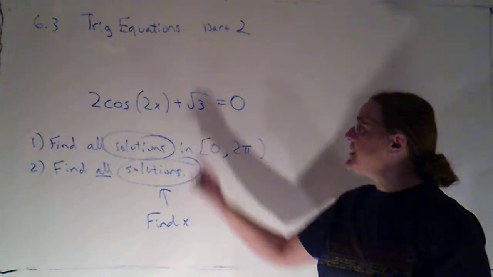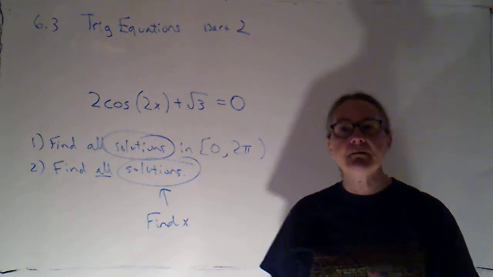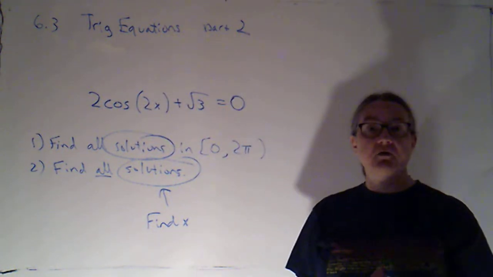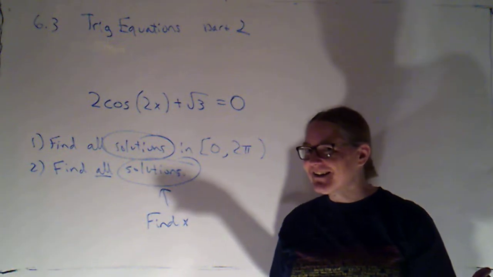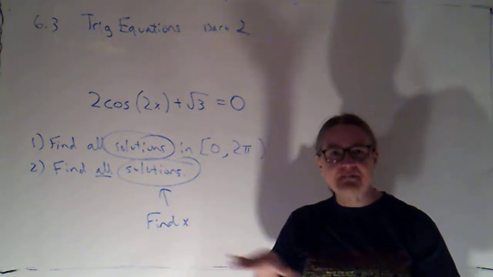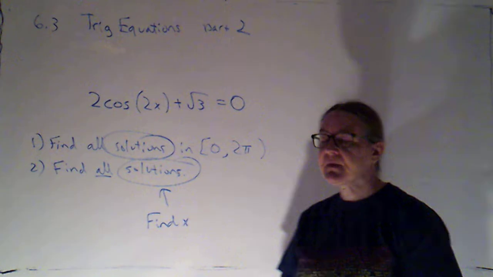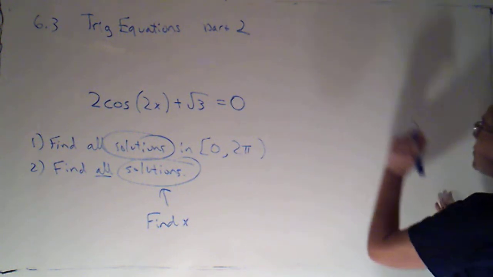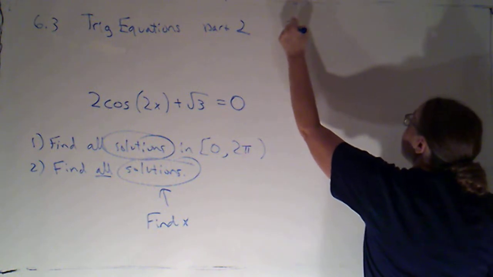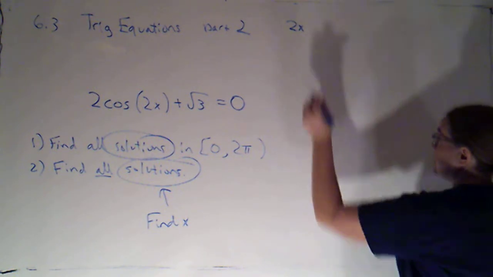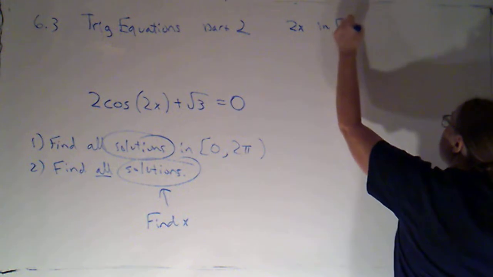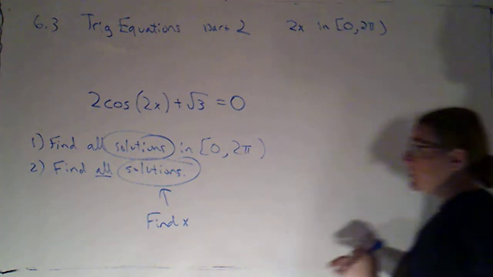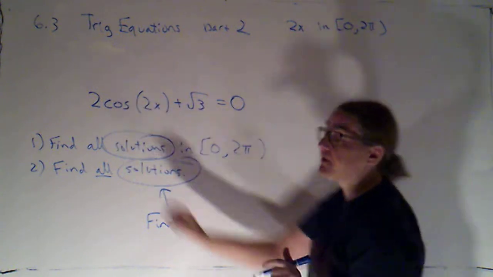But what I'm going to do is find 2x first. I'm going to find what angles I can plug in for 2x that would make this equation true. And then once I know 2x, finding x is easy because all I have to do is cut it in half. So anytime I have a situation like this, I'm going to find all the values that 2x could be in the interval from 0 to 2 pi, in one period of that trig function.